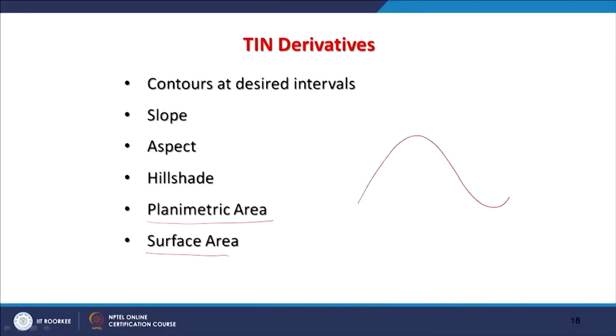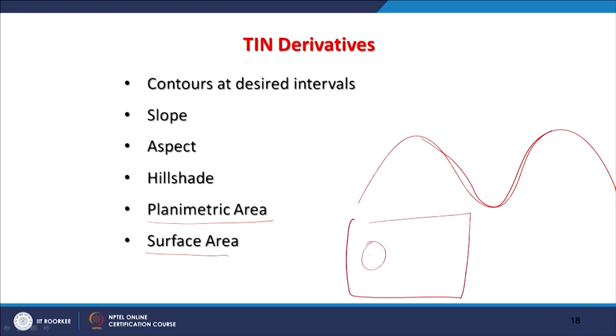So if I measure using a topo sheet or a topographic map, then I will have less area than the real one. If there are two hills here and I have to walk, then I have to come down like this and go up, so my travelling time is much more. But if I see it on a map, these hillocks may be something like this, these are the contours, and I measure like this.